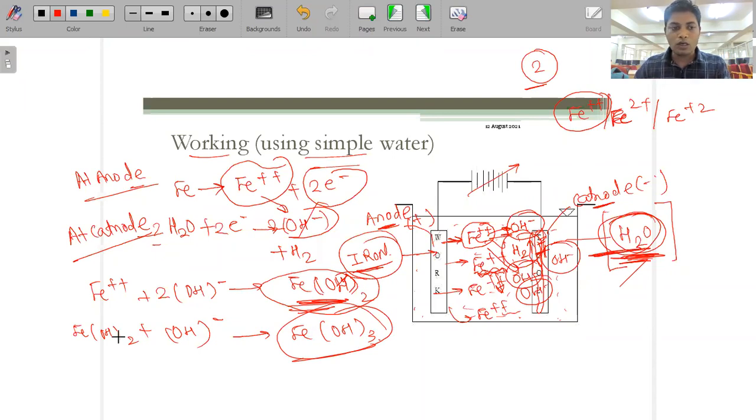Now if you combine these two equations, at the anode and the cathode, then you can write the overall equation, which I am writing at the top.